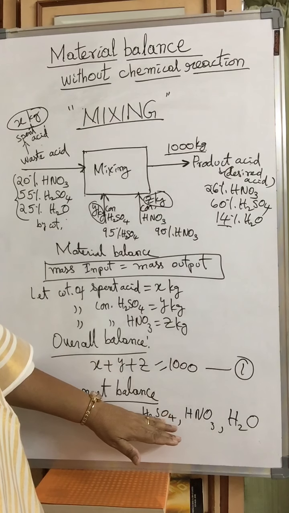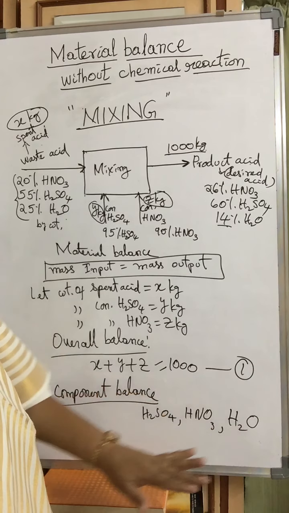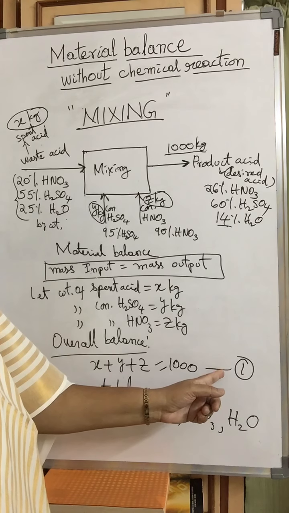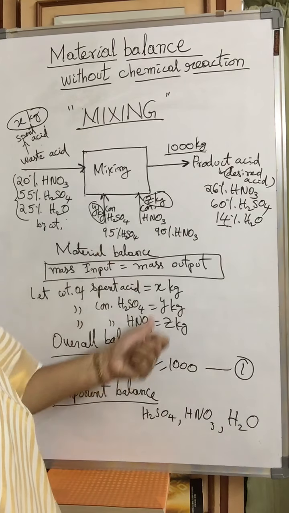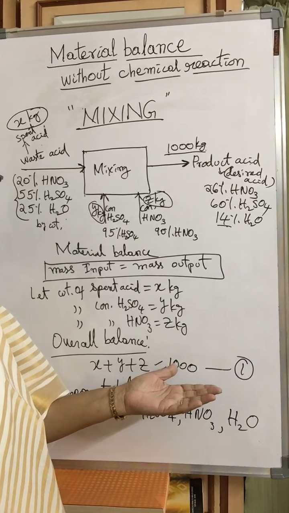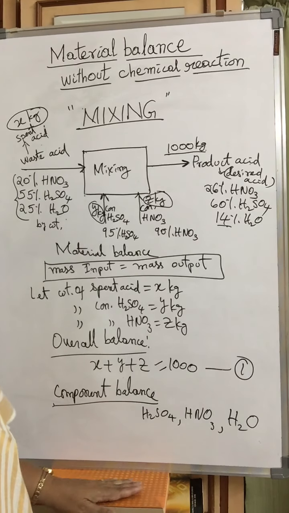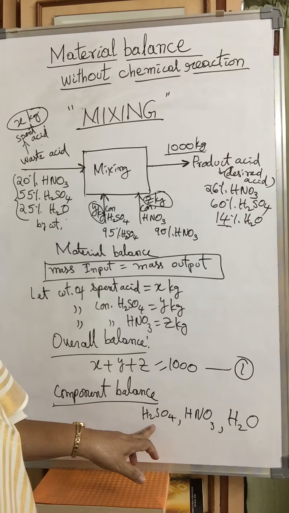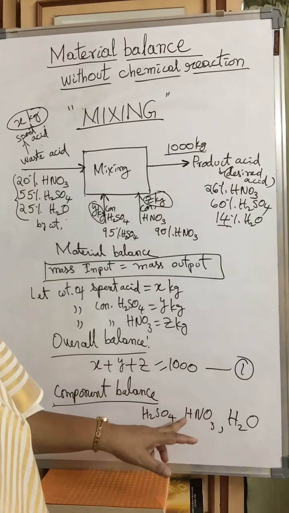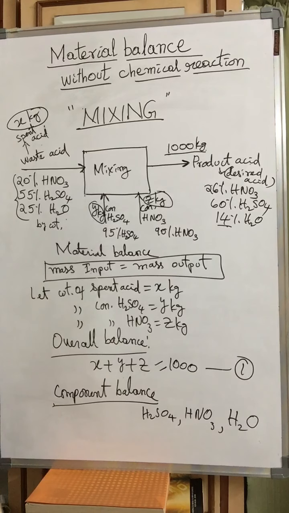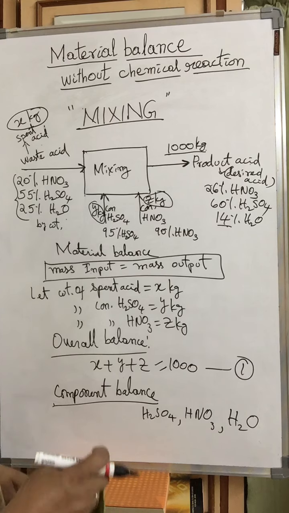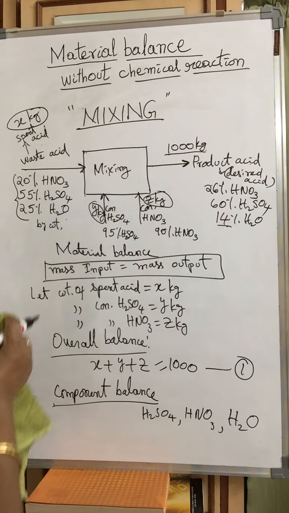That is the H2SO4 balance. Similarly for the other 2. So how many equations will you get? 1, 2, 3, and one more we have, the overall balance. So total 4. But how many unknowns do we need to solve? Only 3. To solve, 3 equations are enough. So we will write the component balance for H2SO4 and HNO3. You will get 2, and with the overall balance, 3. Then we solve for x, y, z. And the water balance we can use for checking whether our answer is correct or not.